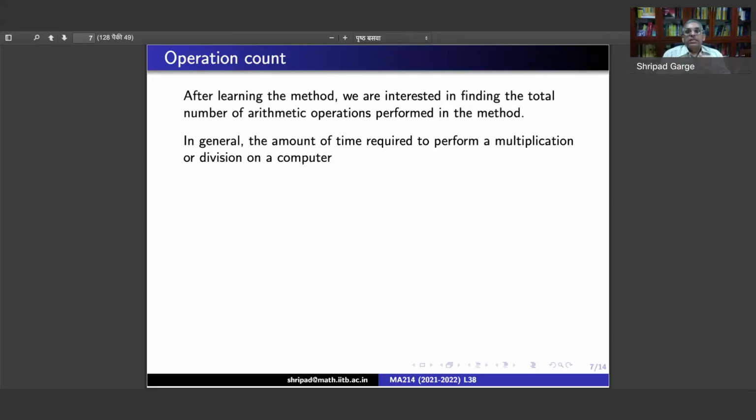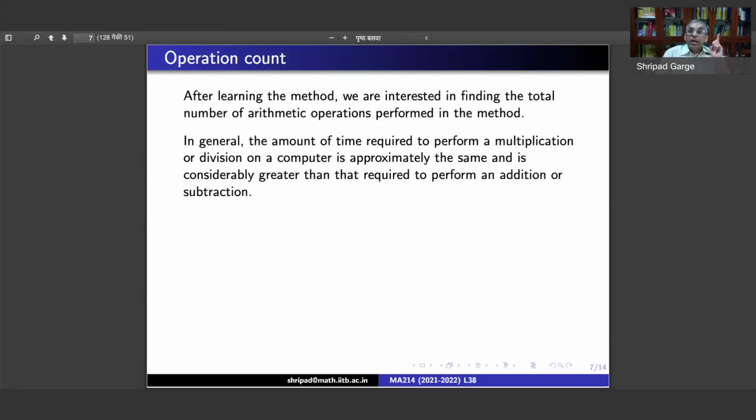But on a computer, the time required to perform a multiplication or a division is approximately the same, and it is considerably greater than that required to perform an addition or subtraction.